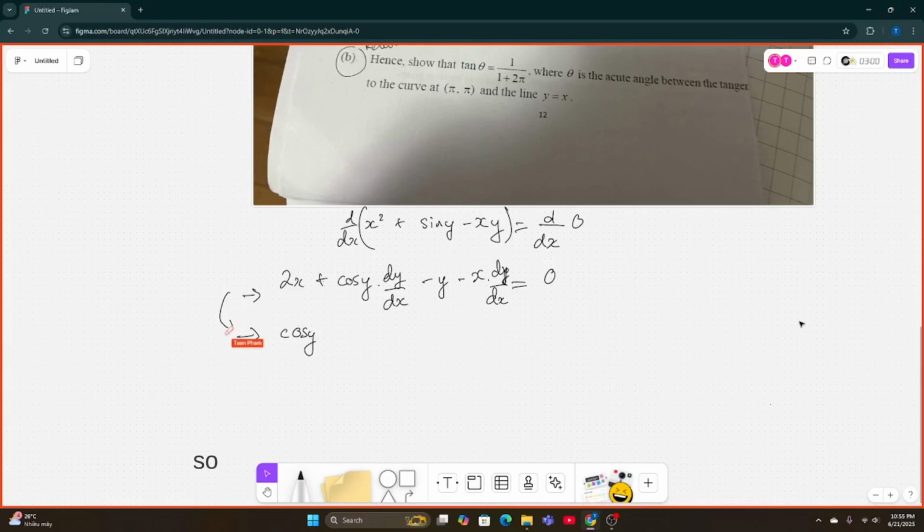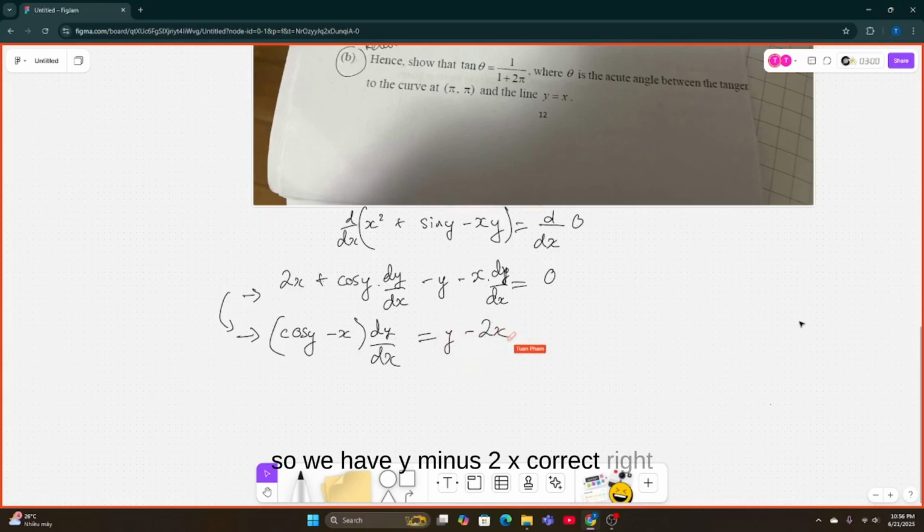Right. So here I'm going to factor out the dy over dx. So I have cos y minus x, times dy over dx, correct, is equal to every other term put onto the other side. So we have y minus 2x. Correct. Right.